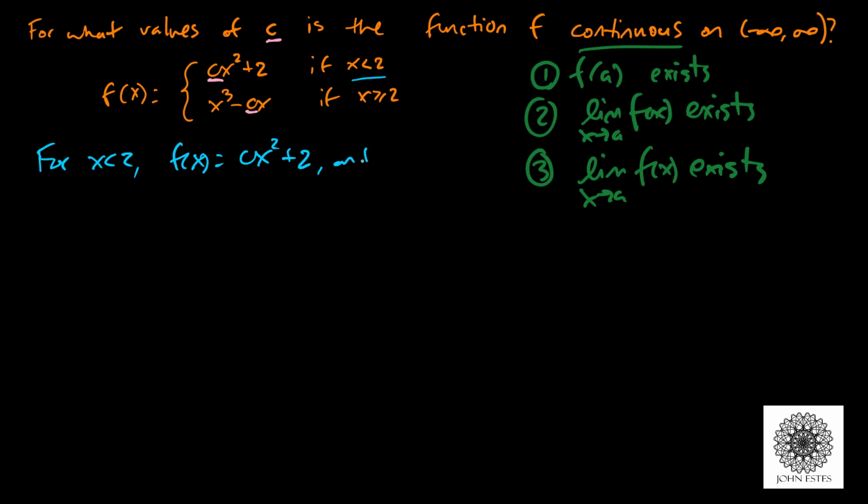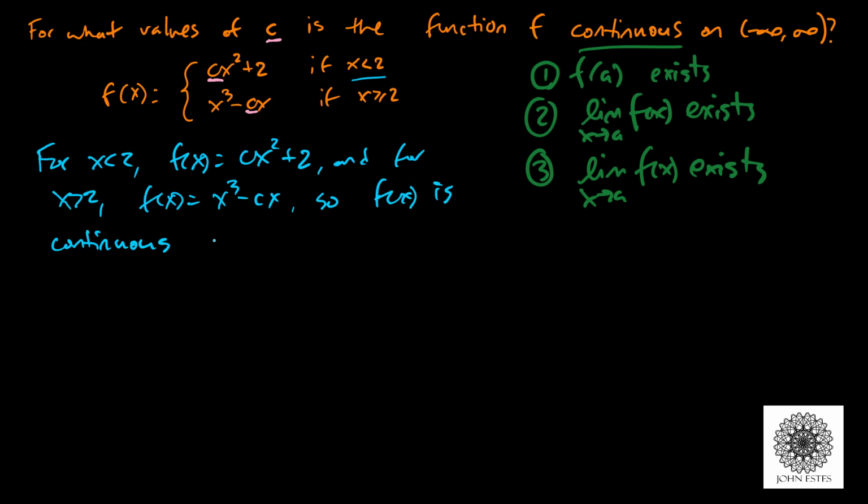And for x greater than or equal to 2, f of x looks like x cubed minus cx. Again, we don't know what c is, but this is a polynomial, so we know it's continuous there as well. So f of x is continuous anywhere except for 2. That's the only problem.